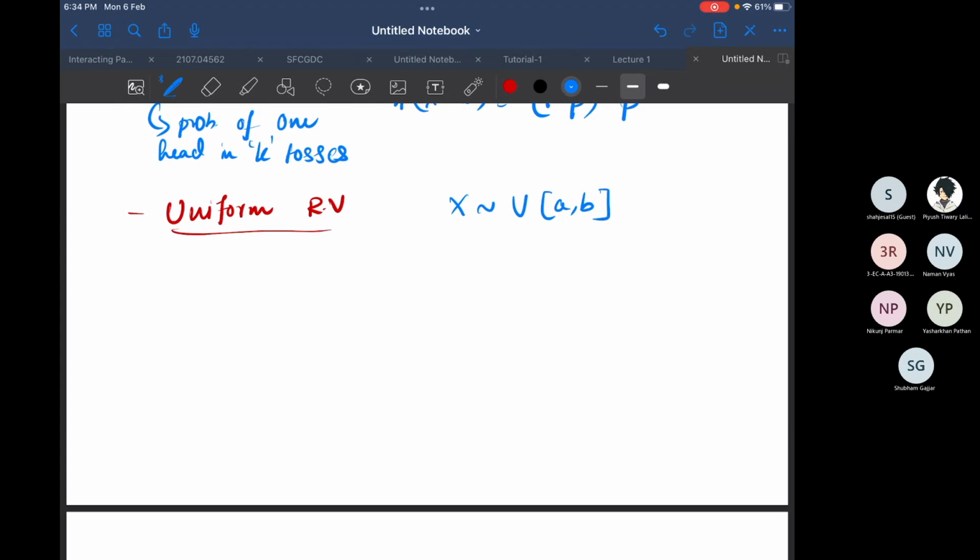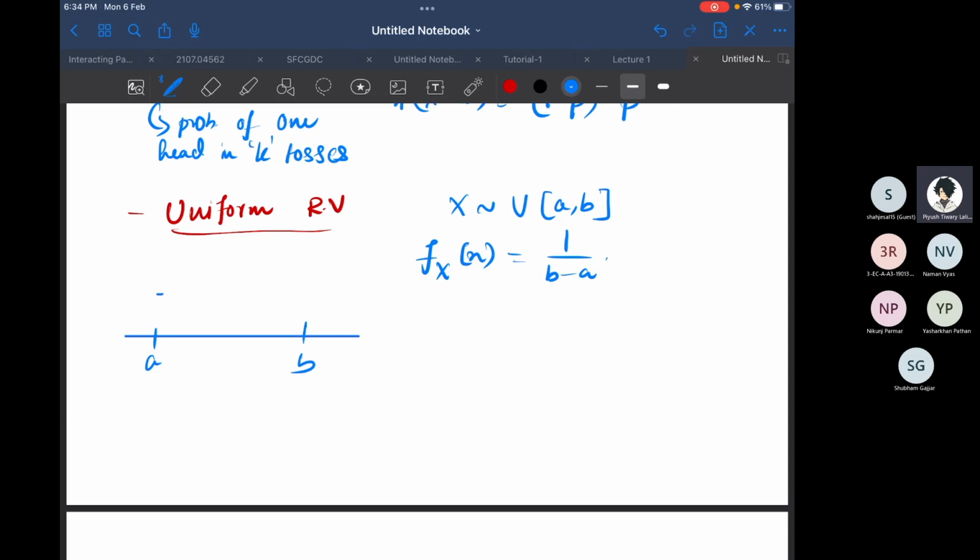And there is something called the distribution function. Let me write this down first. This is 1 over b minus a. You can think of this quantity here as some sort of weight that is assigned to a point x. So how would this look? If this is your real line, this is a, this is b.